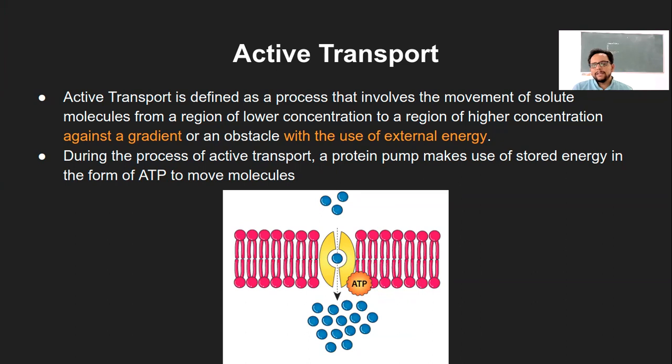So if the movement is along the concentration gradient without any carrier molecule, then it is simple diffusion. If it is with a carrier molecule without any energy involvement, that is facilitated diffusion. Just some molecule is helping there.